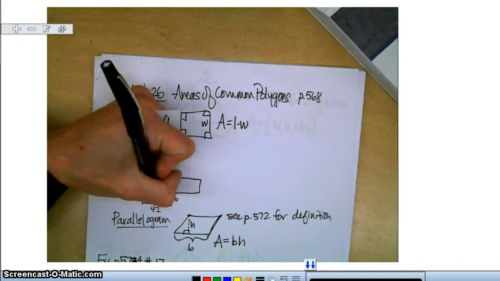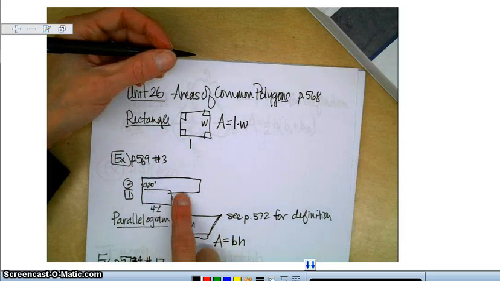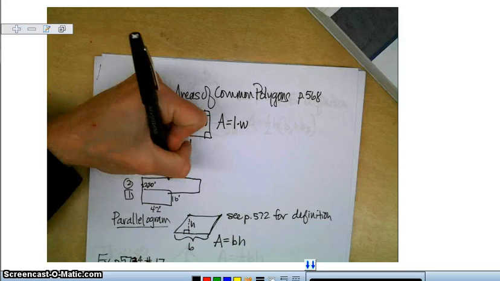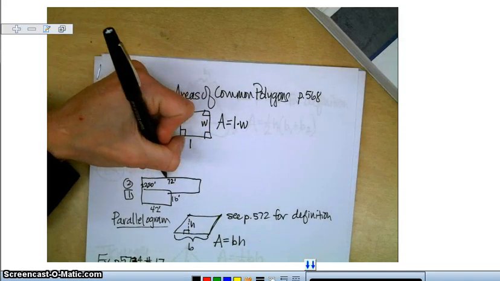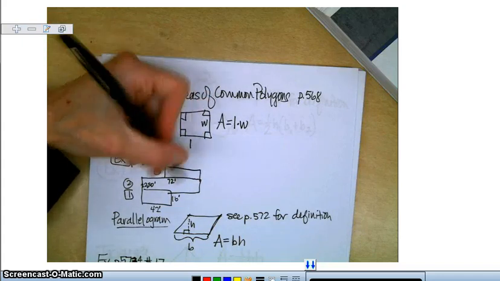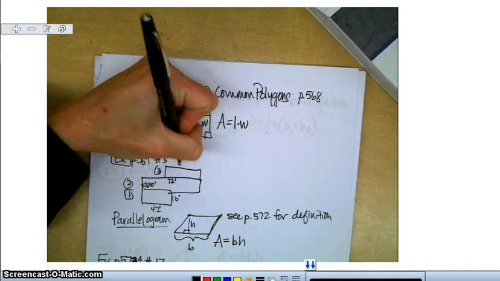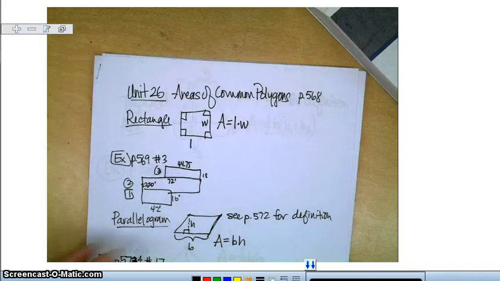The single mark means feet. Trying to figure out how long this is, if I look at the picture, I can see that that whole length is 72 feet. And then the third rectangle kind of overlaps here. This is 44.75, and this little section is 18. So we have three rectangles.